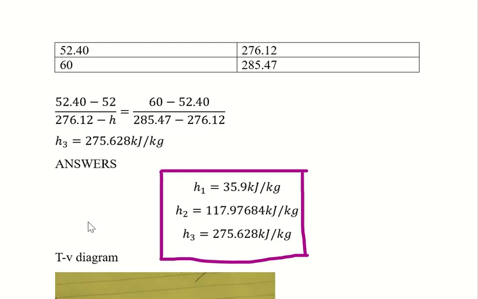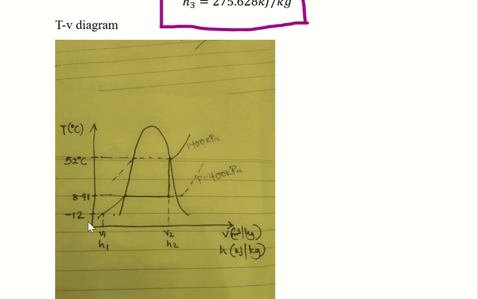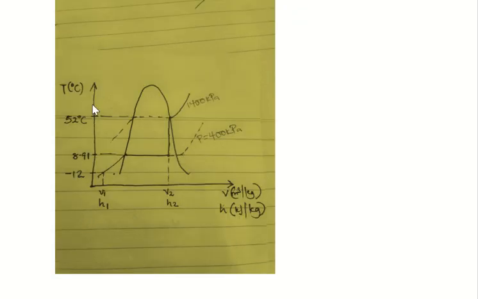He also told us to draw the T-v diagram. And this is the crazy bit you want to pay attention to. So the T-v diagram will have a temperature on the left axis in degrees centigrade, and we're going to put all the specific properties here: volume, enthalpy, entropy, internal energy, everything.